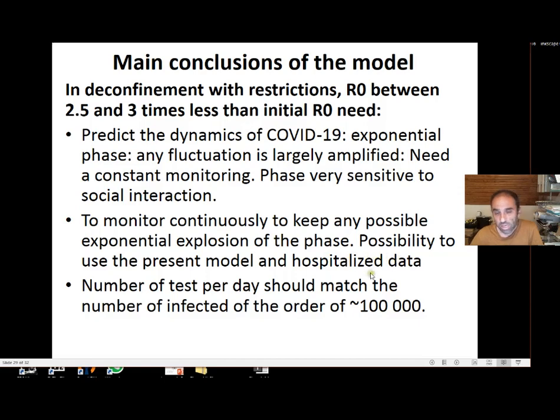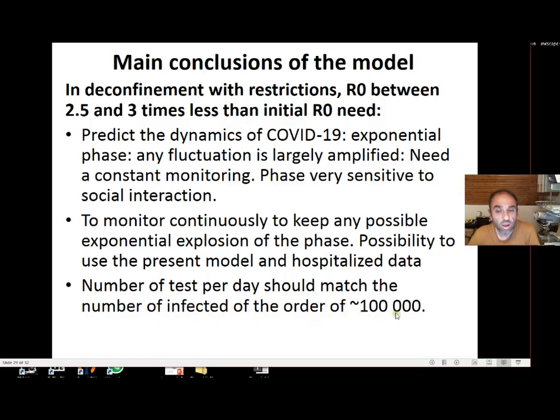And the prediction that this model gives is a number of infected people that should be less than hundreds of thousands per day.